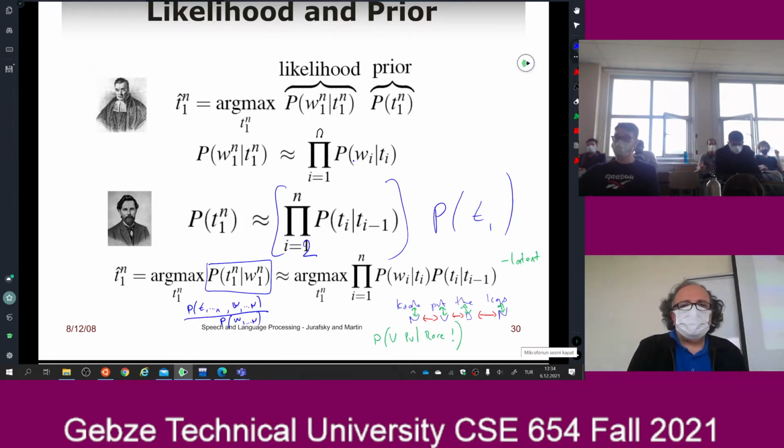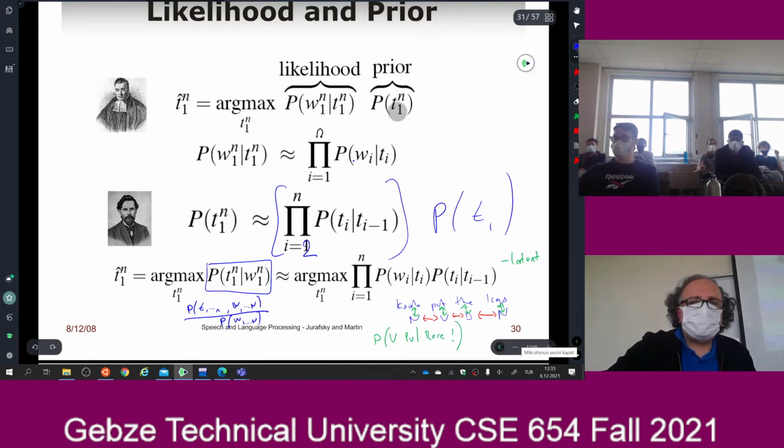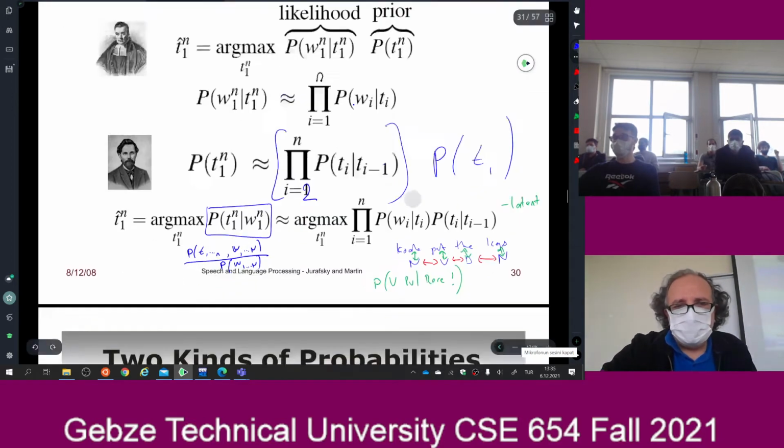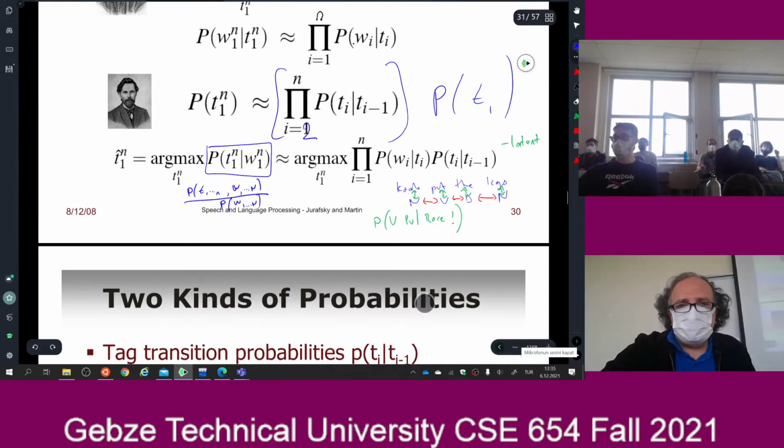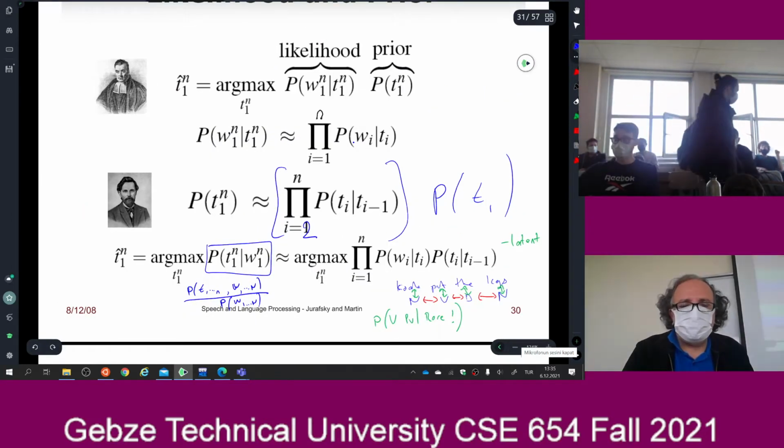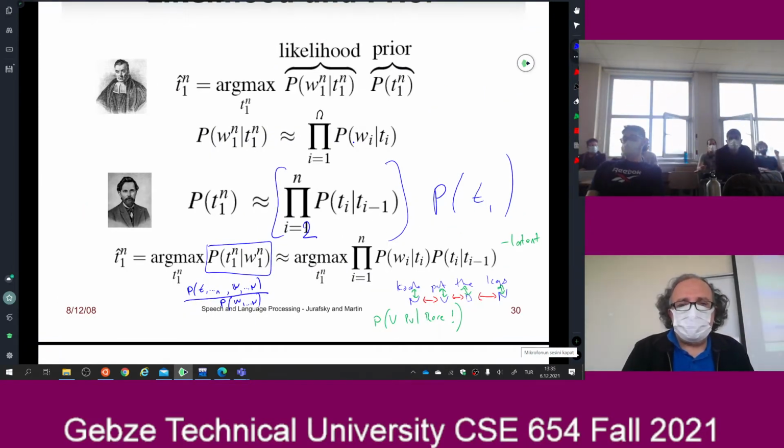So we divided our problem into two, coming up with the prior probability and the likelihood probability, and we simplified each of them with these two assumptions. And at the end, I get these two things. So that's where the hidden Markov model comes in.